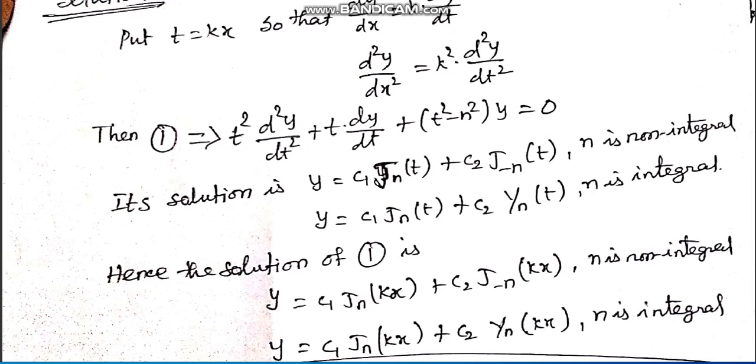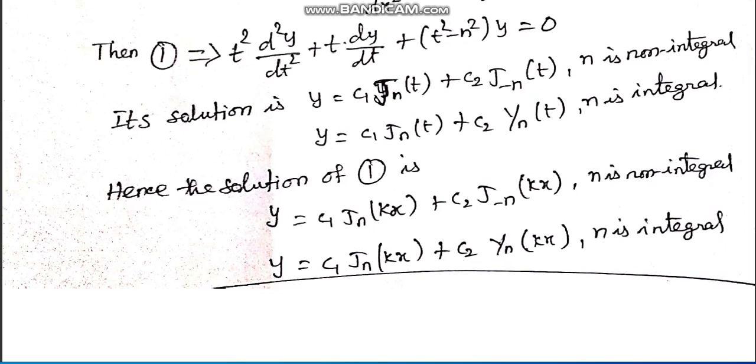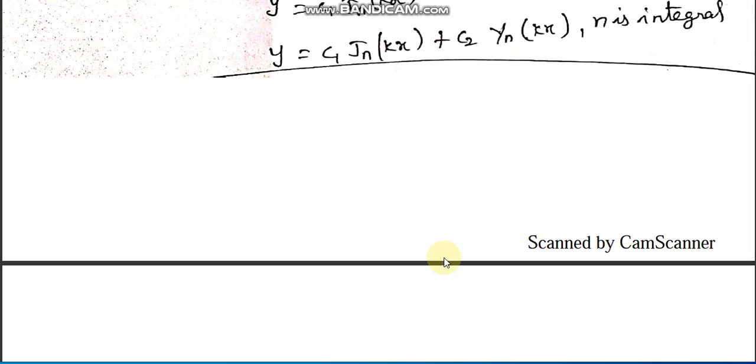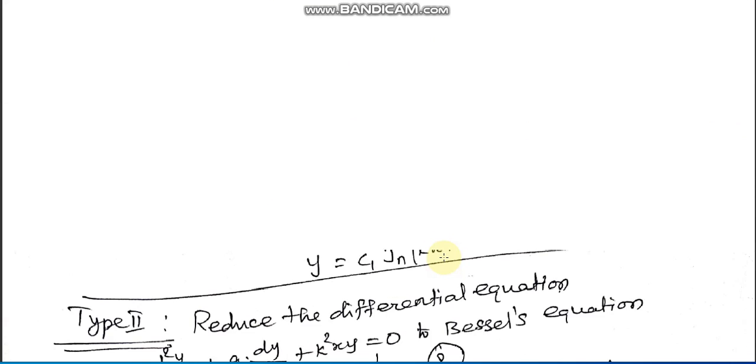Hence the solution of equation 1 is y equal to c1 jn of kx plus c2 j minus n of kx when n is non-integral, and when n is integral, the solution will take this form. So equation 1 is reducible to Bessel's form.